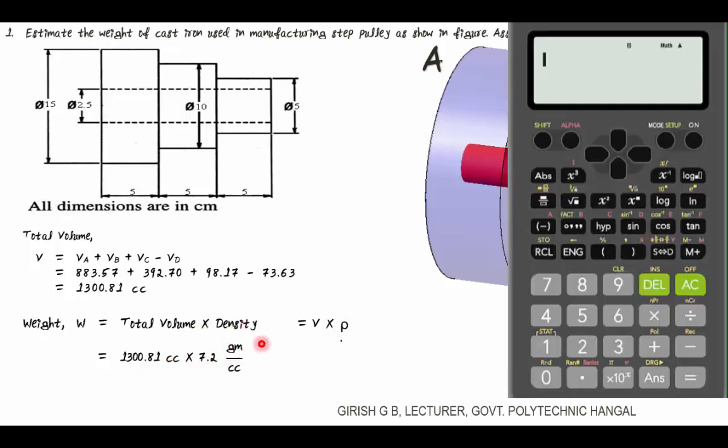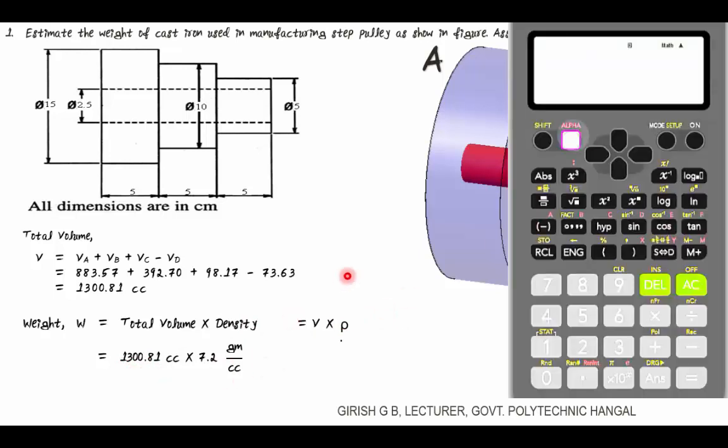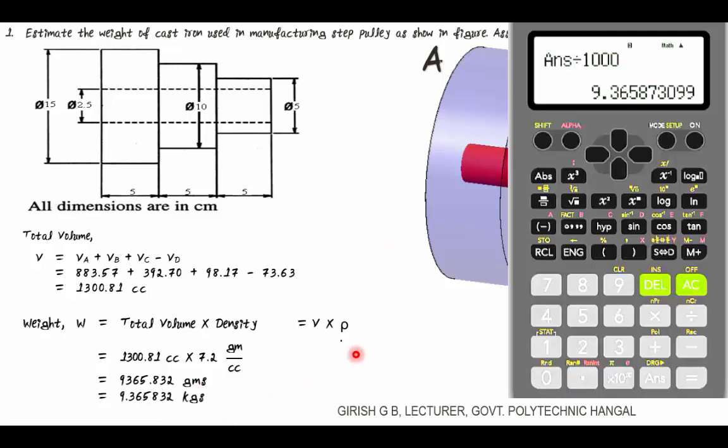Calculating this value, remember we have stored this value as E, hence alpha E multiplied by 7.2 is going to give the weight in grams, and dividing it by 1000 will give it in kgs. In kgs it is 9.365873099.